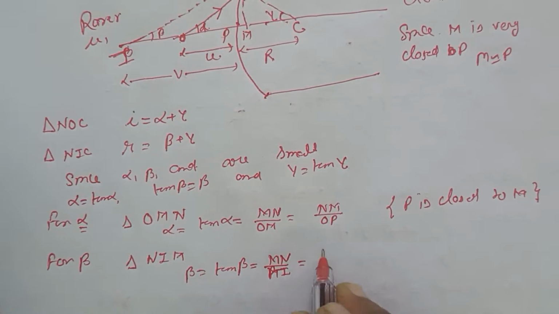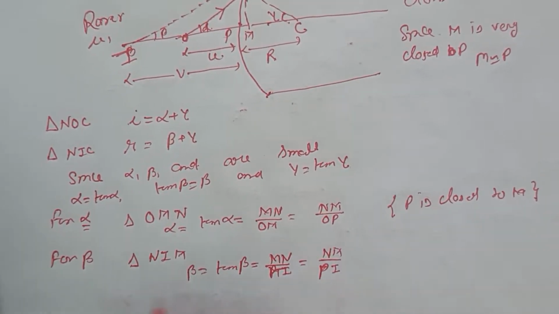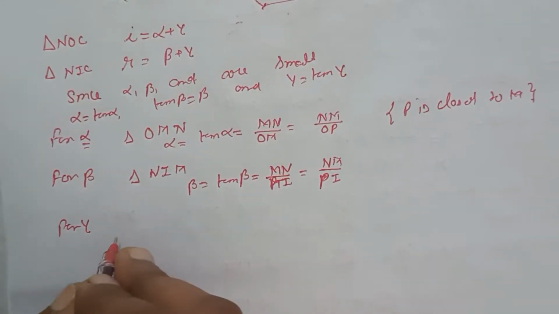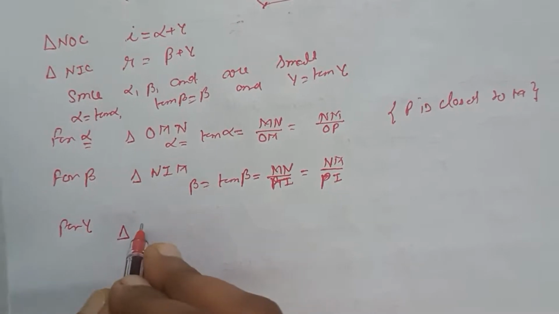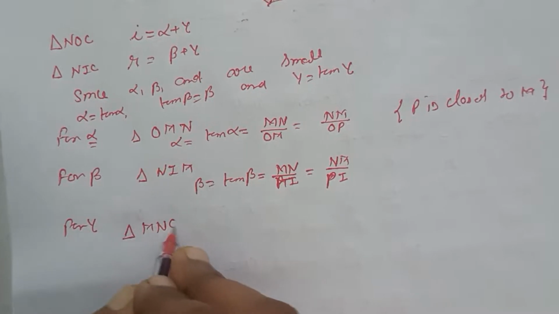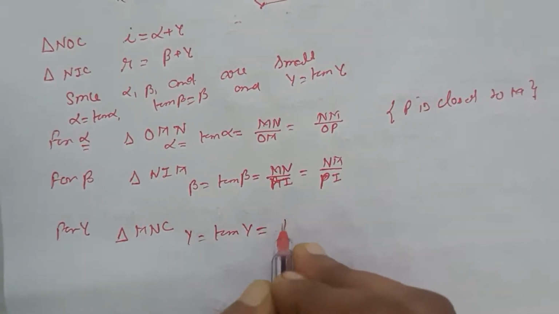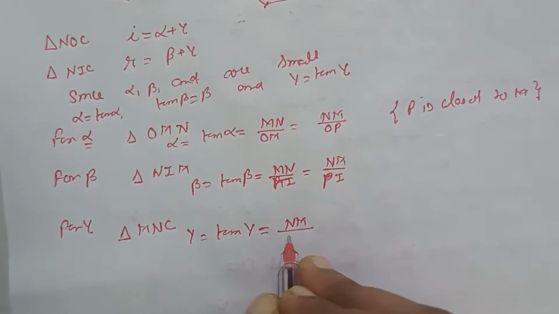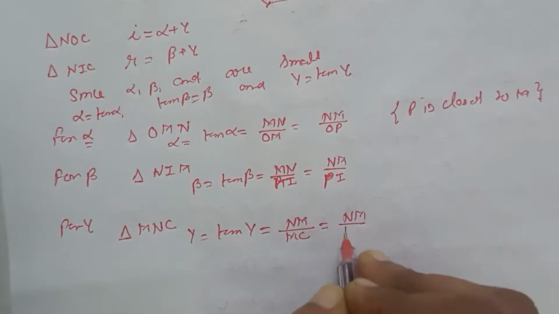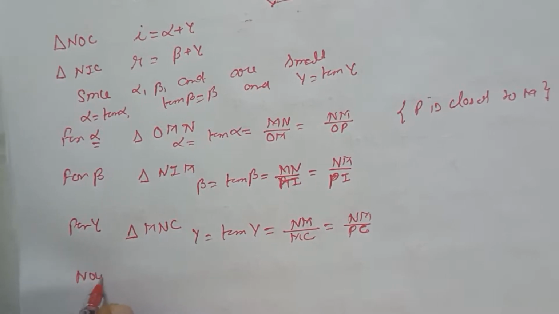It can be written as NM divided by PI. For gamma, in triangle MNC, gamma equals tan gamma, that can be written as NM divided by MC. It can be written as NM divided by PC.